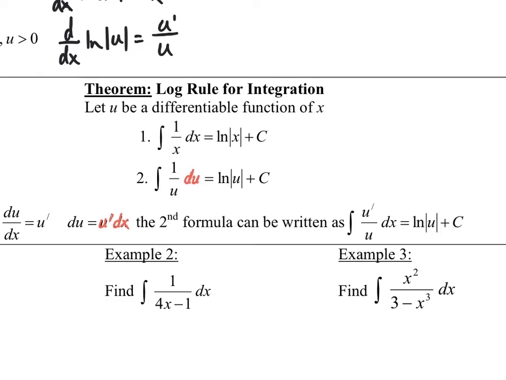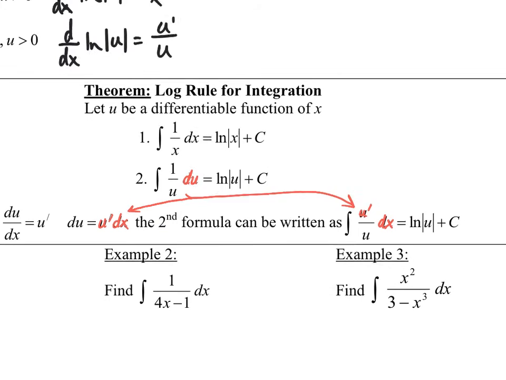And that gives me a modified version of this formula where instead of 1 over u, I actually have u prime over u dx. Okay? So here's the u prime dx that I replaced that du with. Does that make sense to everybody? Okay? So there's kind of two forms of this that we can use, and then that's just the natural log of absolute value of u plus c. We will see a couple of examples of this here in just a second.